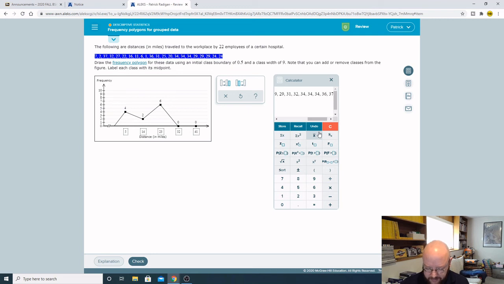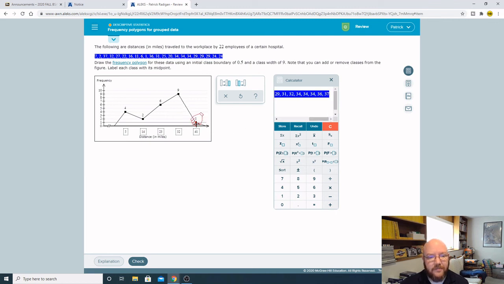I'm just counting which ones fall between those. Next class boundary, 27.5 to 36.5, so that's 1, 2, 3, 4, 5, 6, 7, 8, 9. Wow, that's a lot. And then the last one, anything between 36.5 and 45.5, we just got one.